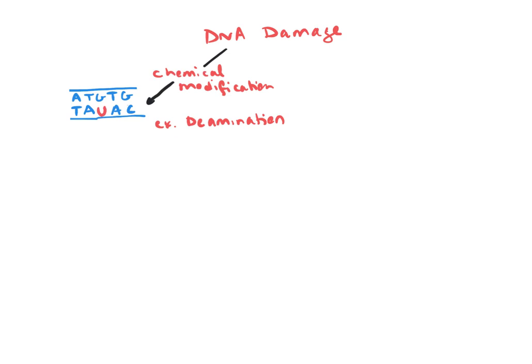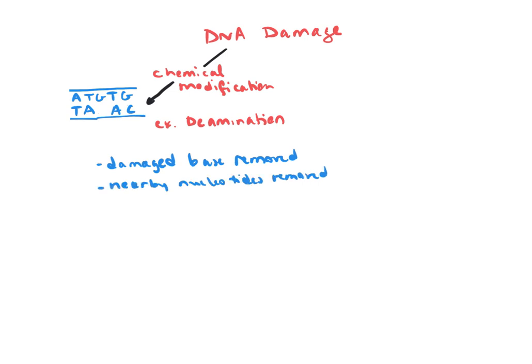And when this happens, there's again a distortion in the helix, and a series of enzymes will come along and modify this. So the first thing that they do is they remove the base that was attached to the sugar and phosphate, and then other enzymes will come along and chew up the backbone in that area.